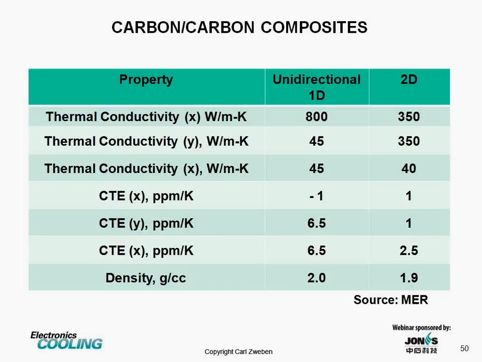If we orient an equal number of fibers in the 0-degree direction and the 90-degree direction, as we would, for example, with a fabric, we can get in-plane thermal conductivities in the range of copper, 350 watts per meter Kelvin, combined with low CTEs and densities that are much lower than that of aluminum.